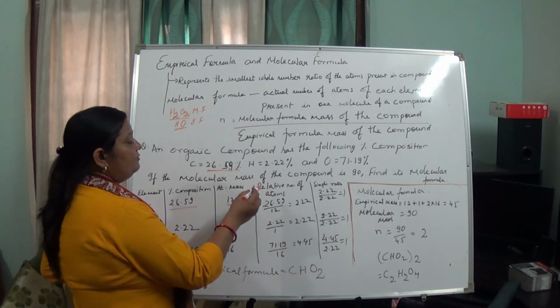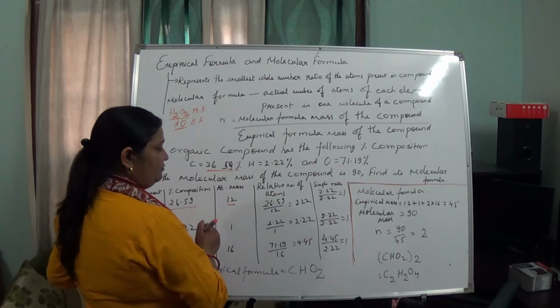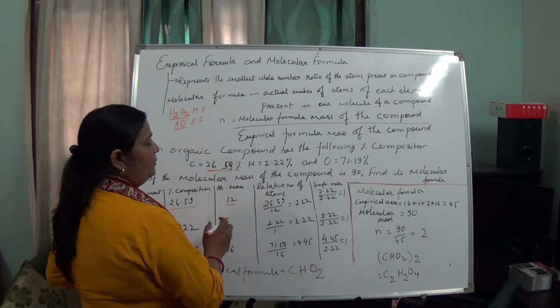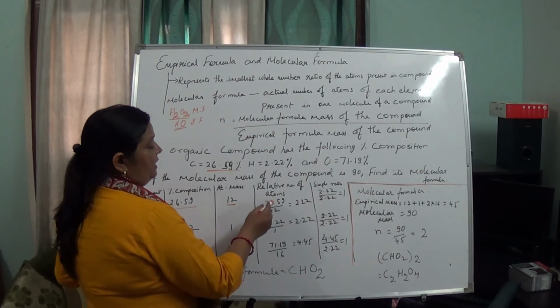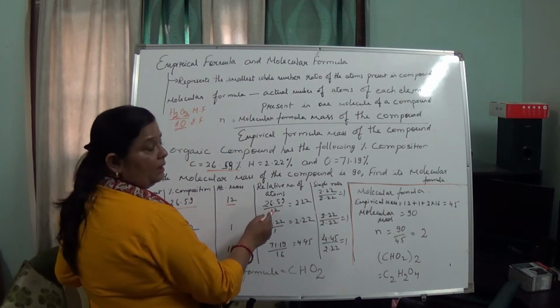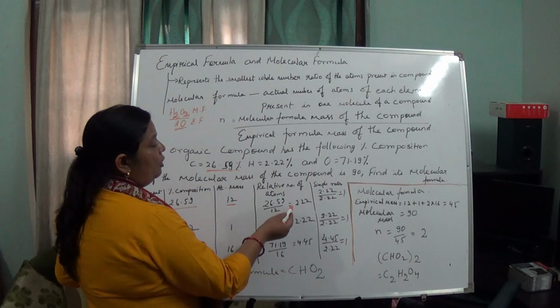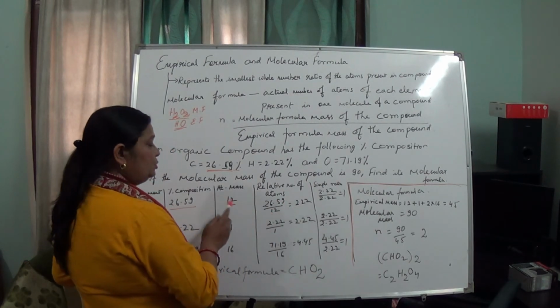How will you take out the relative number of atoms? For calculating the relative number of atoms, you calculate the given mass upon the atomic mass. Basically we are taking out the number of moles. Here it is 2.22.